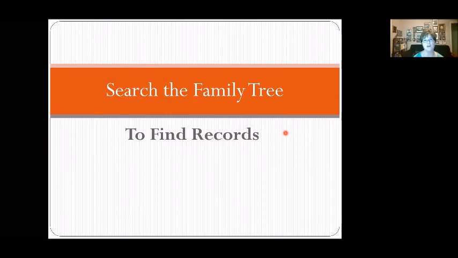You're finding other people who are related to this ancestor just like you, and you start collaborating with them. How do you know this is true? Do you have any more records? And boy, the golden find is to find a photograph that you've never had from one of these cousins. So I like the family tree because it allows you to collaborate. And I think that is such a valuable tool.